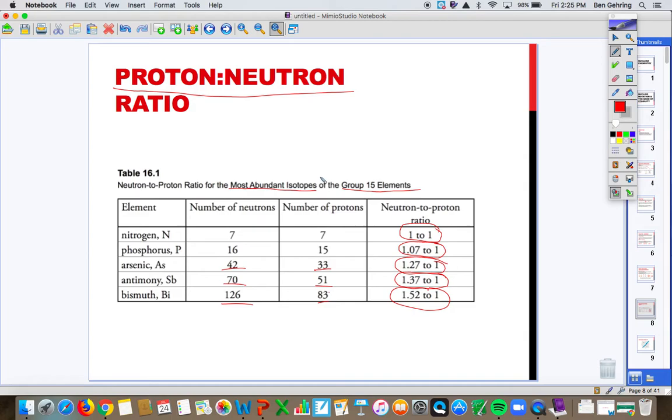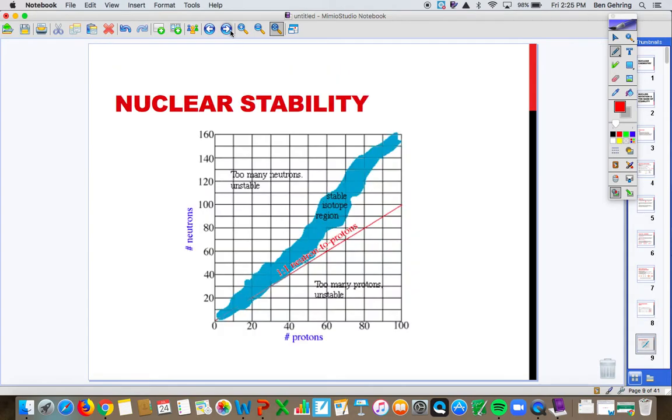These are stable isotopes. If you do this for all of your elements and not just group 15, you create what's known as the band of stability. You can notice this band of stability. This red line here indicates a 1-to-1 proton to neutron ratio. If it was a 1-to-1 ratio all the way up, we would go this way. But as you get bigger, specifically anything above 20, it starts to go a little bit more than 1-to-1.